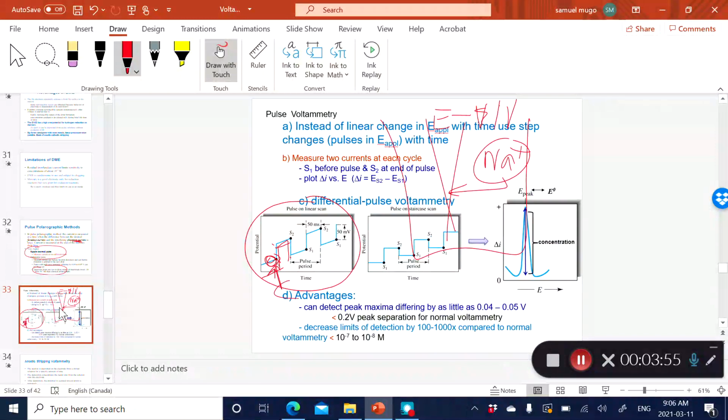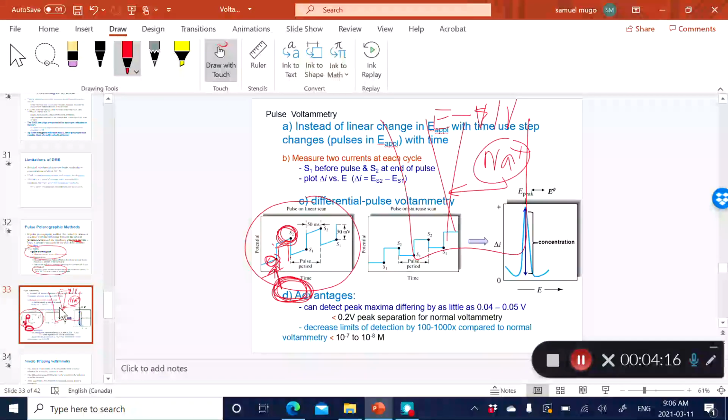So you record the signal or the current at that point, and then you apply an amplitude, and then you let that amplitude or the voltage plateau off, and then again, you measure the current at that point.